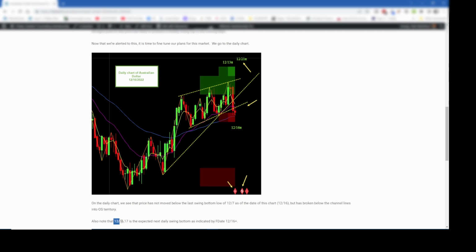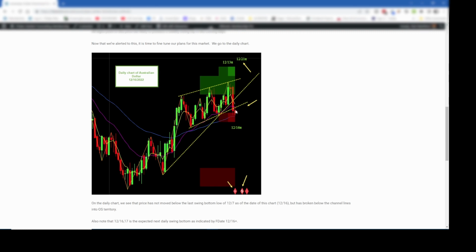I wrote that in the text. So I think 16 should do it, but it could still go a little lower on the 17th, but then from there it's up. That's my expectation, is for price to rally out of this oversold zone that it's in right now.